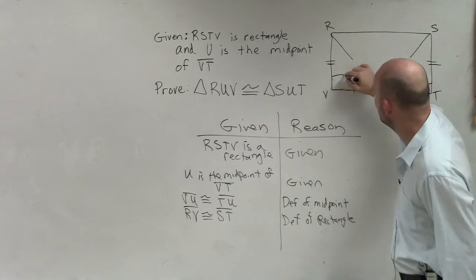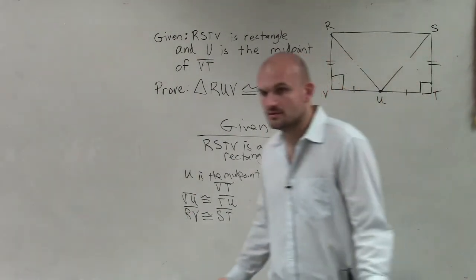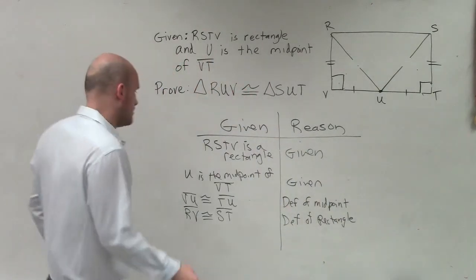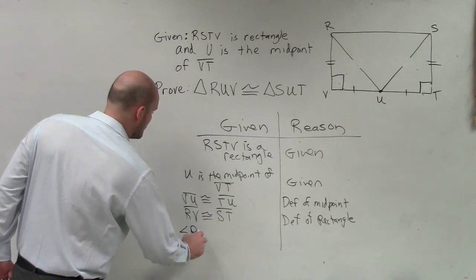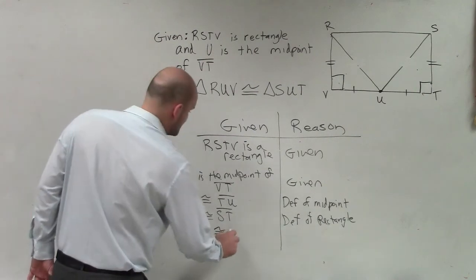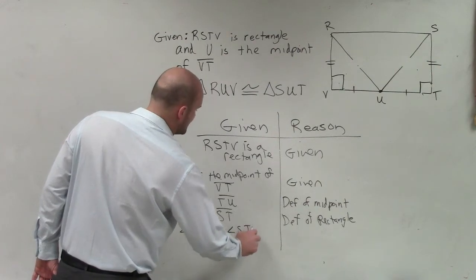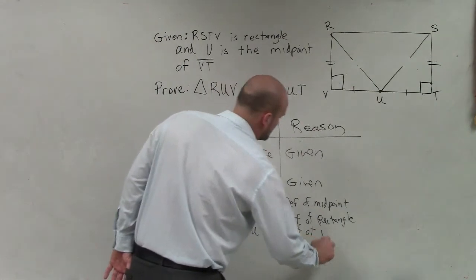Because we know that they're both right angles. Right? They're right angles. So you can just say that angle RVU is congruent to angle STU, because, yeah, definition of a rectangle.